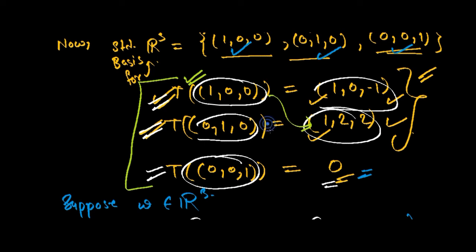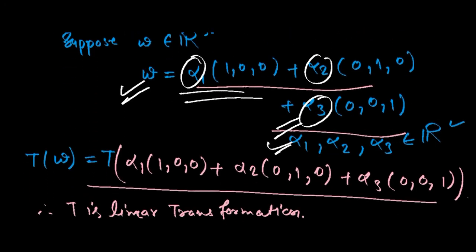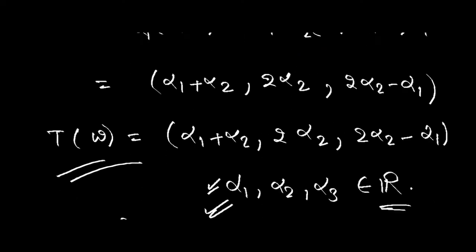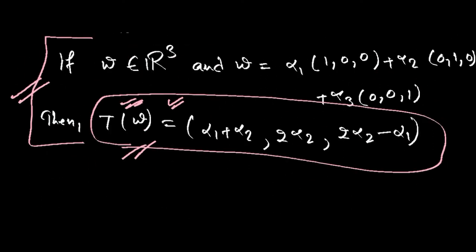And if you had taken the transformation of the second vector as 0, then it would have gone different. So it depends on what you assume, but the whole process to find the transformation should be similar.